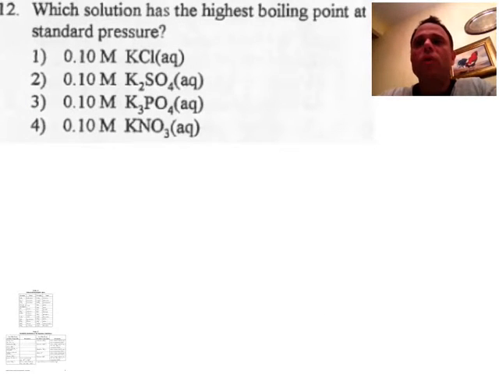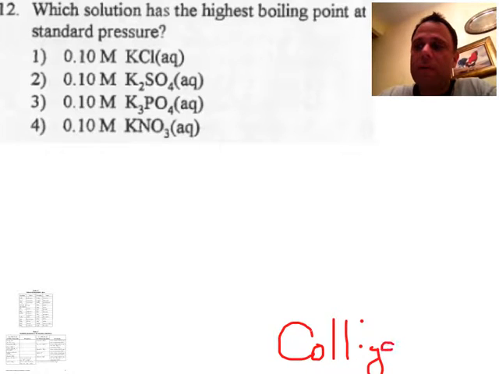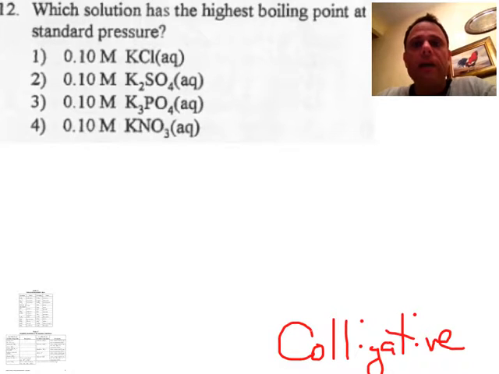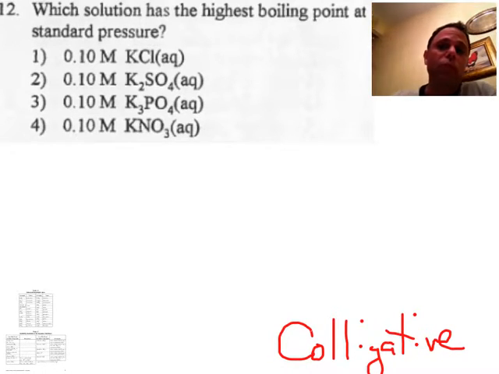Number 12. Which solution has the highest boiling point at standard pressure? Now, this question is asking you to consider the term colligative properties, which, if you remember, states that as particles dissolve in water, the freezing point will be suppressed and the boiling point will be raised.